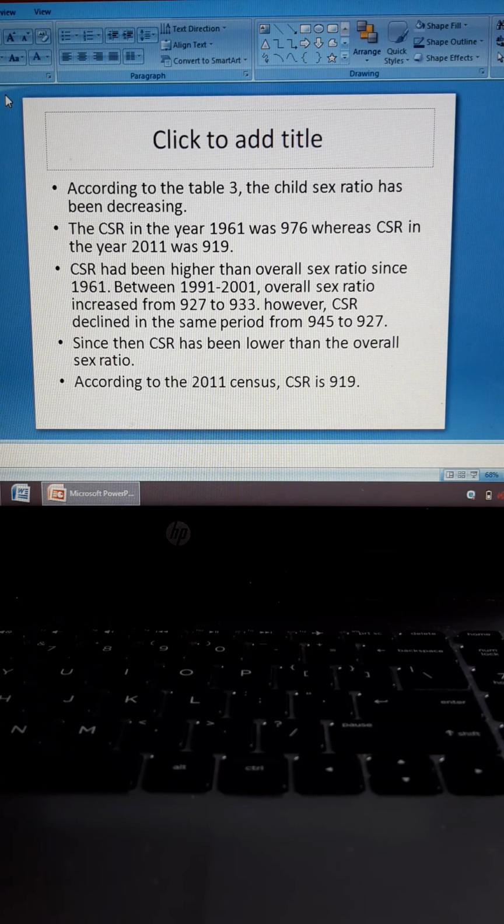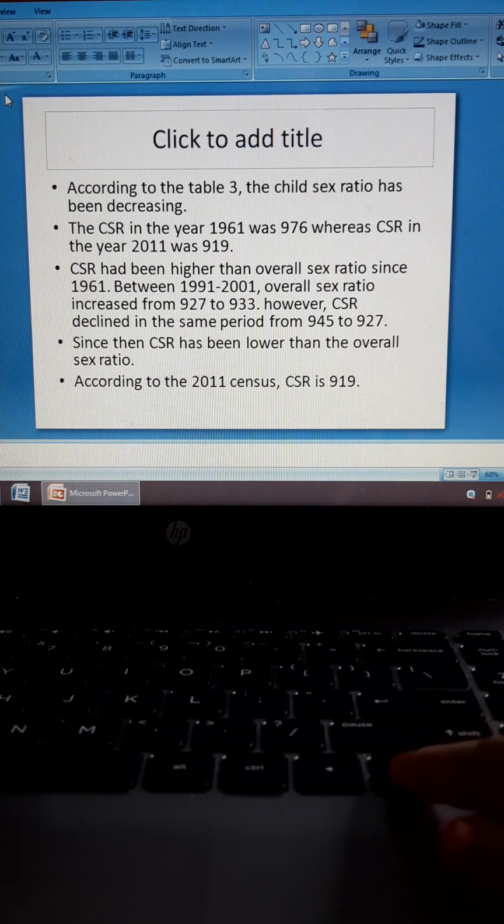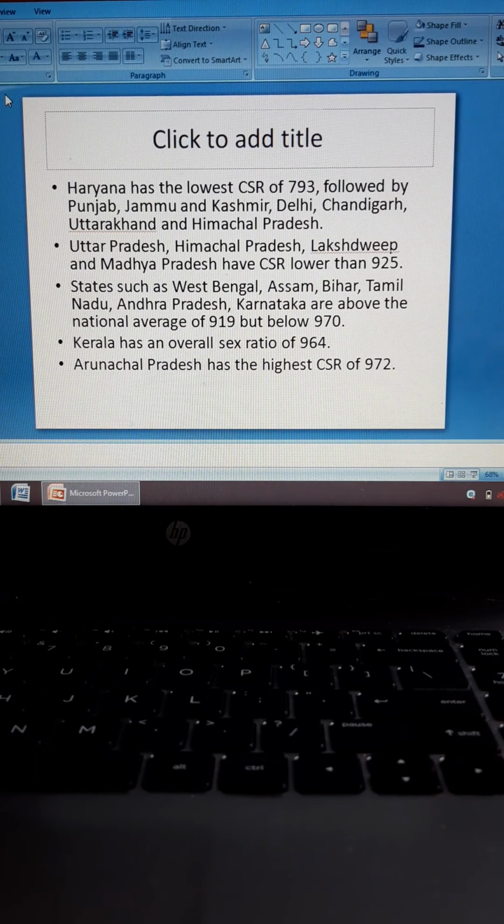According to the 2011 census, the child sex ratio is 919. Please remember. Haryana has the lowest child sex ratio of 793, the lowest number of females in the age group 0 to 6 years, followed by Punjab, Jammu and Kashmir, Delhi, Chandigarh, Uttarakhand and Himachal Pradesh.